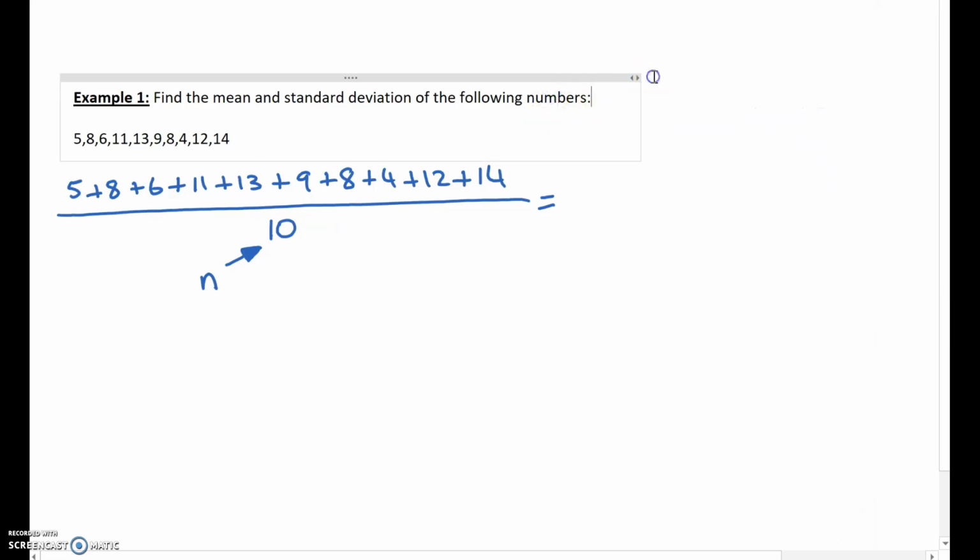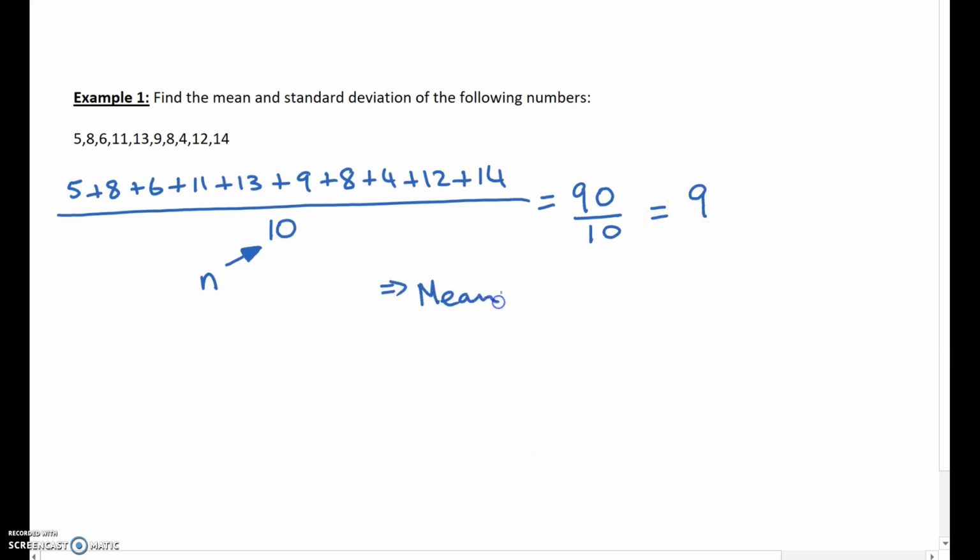So that gives us 90 divided by 10, which is equal to 9. So therefore our mean, which we call x bar, is equal to 9. Okay, so the mean of this list of numbers is 9.